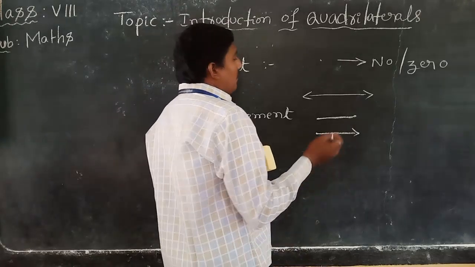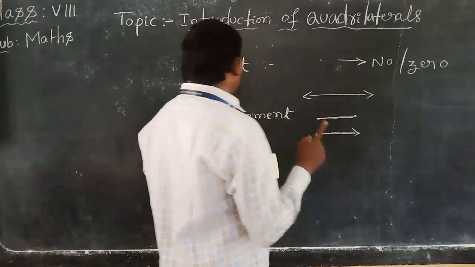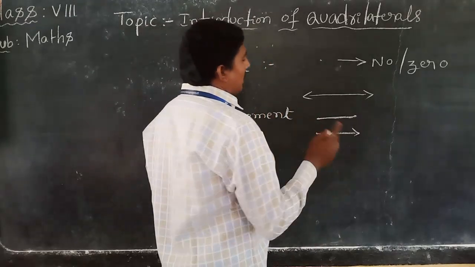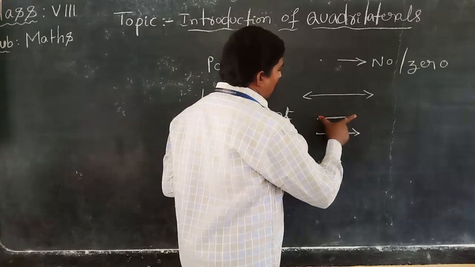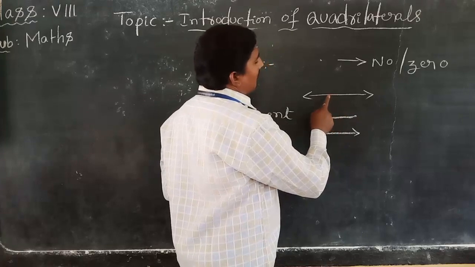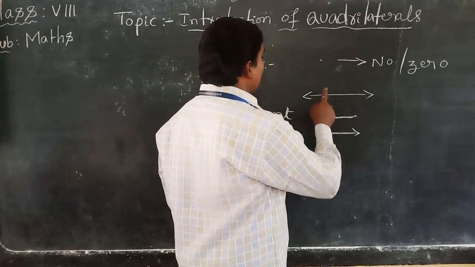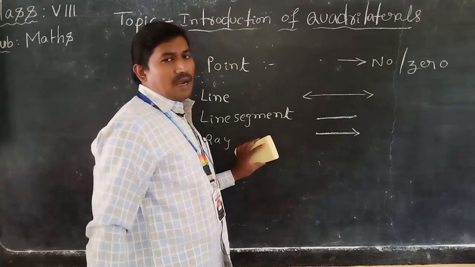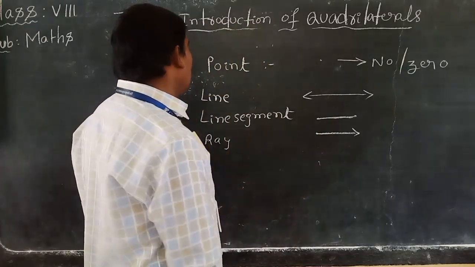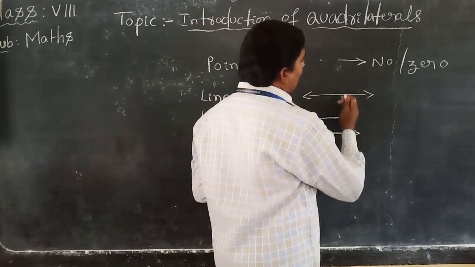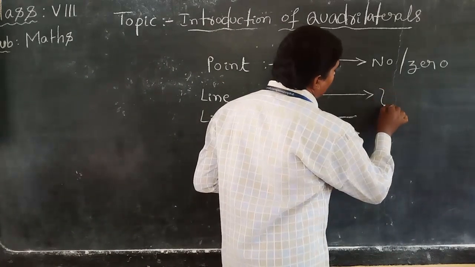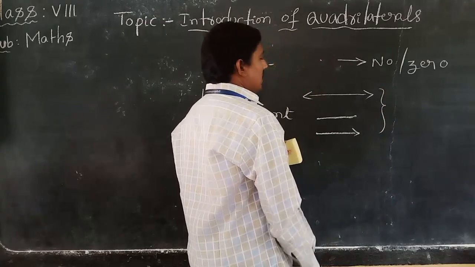For finding length, it is possible only for a line segment, because a line segment is in between two end points. For a line or a ray, it is not possible to find length. These have only length, no height and no breadth.